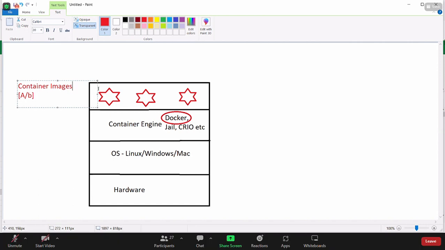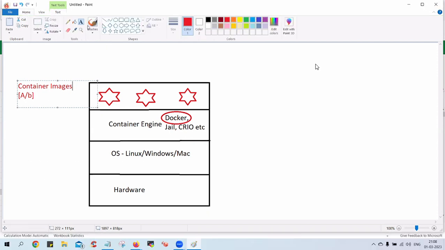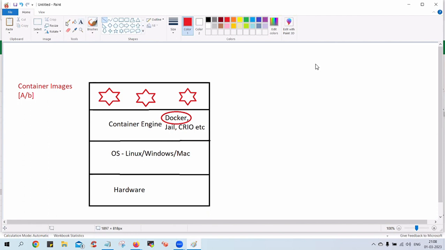This container image actually contains your application in the A by B format. A is our application, B is the dependency. That means you are making your parent. I would call this P, for our reference only, guys. This is called the parent. So once the parent is ready, got it?